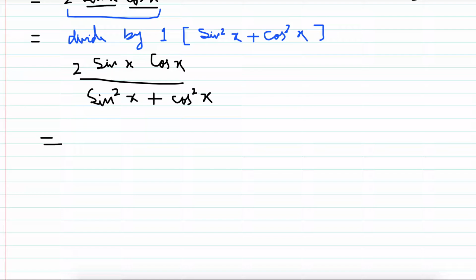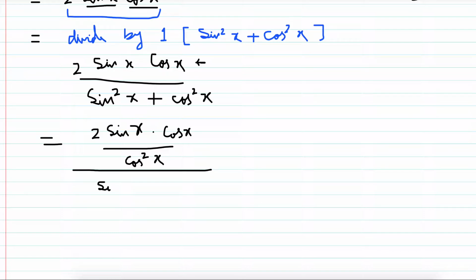So we can divide by cos square x, then we will get tan in the numerator, because this cos will get cancelled and we will have extra sin x divided by cos x, so we will get tan x. And the denominator also, sin square x by cos square x plus 1.